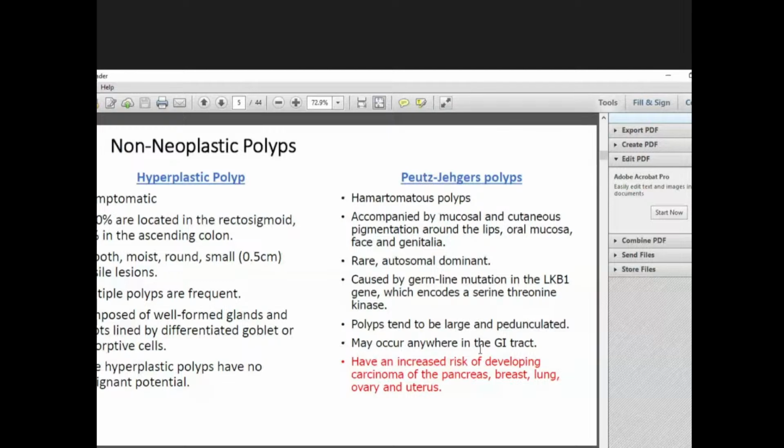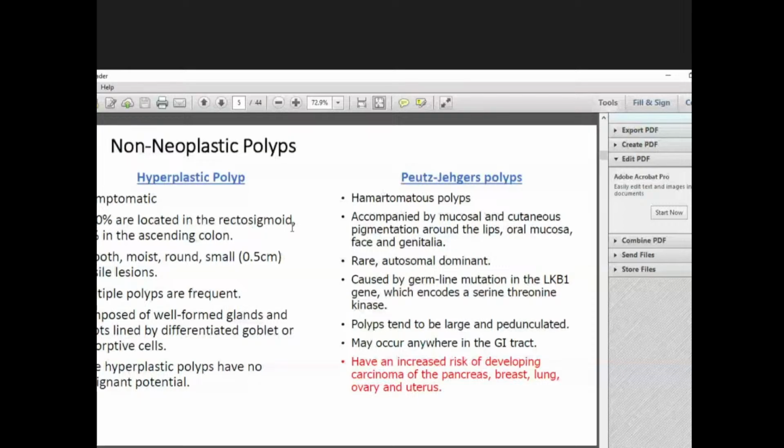Their polyps are large, pedunculated, and occur anywhere in the GI tract from esophagus to the rectum. They have an increased risk of developing carcinoma of the pancreas, breast, lung, ovary, and uterus, but not in the polyp itself. That's why they come under the non-neoplastic polyp.